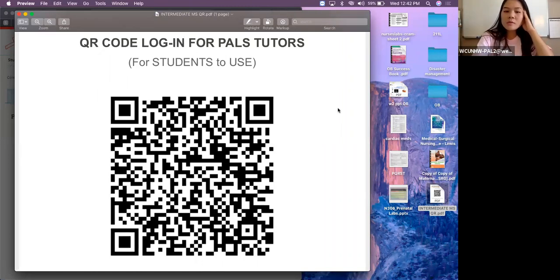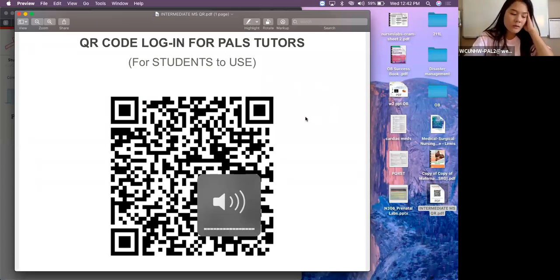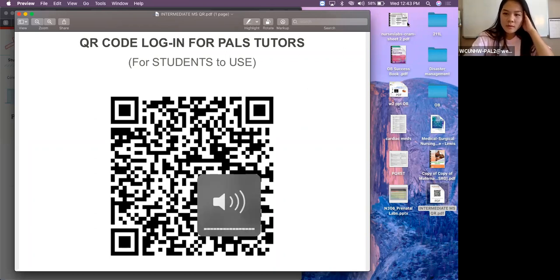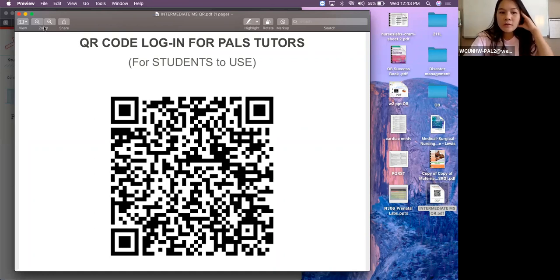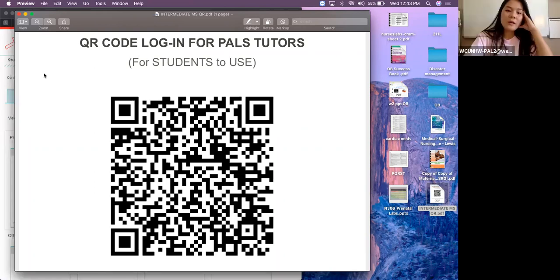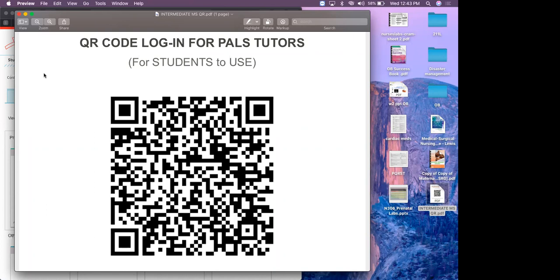Are you guys able to see my screen? Can you guys hear me? Yes, we could hear you. But it says anatomy for that code.